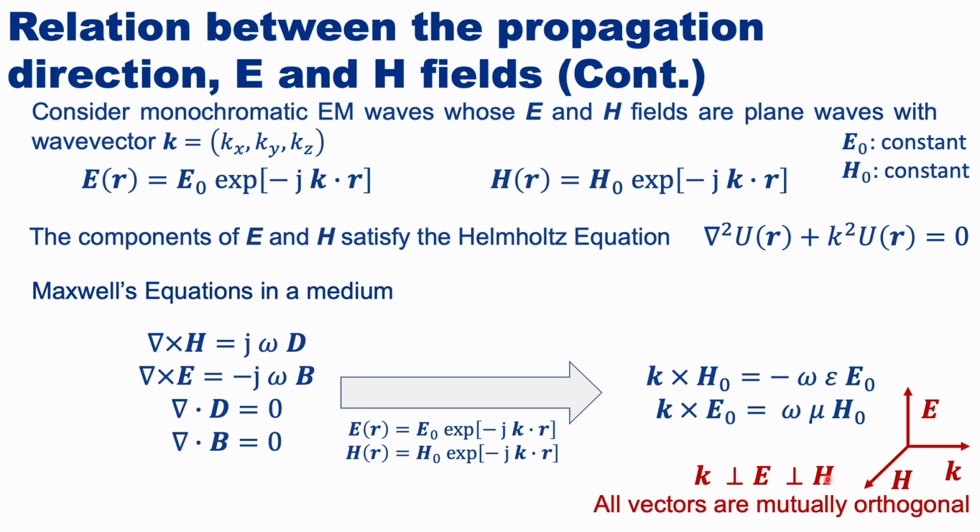That means we are working with transverse electromagnetic waves. A lot of the time we're going to find this as TEM, where the T stands for transverse electromagnetic wave, just meaning that all the fields are perpendicular to each other with respect to the propagation.